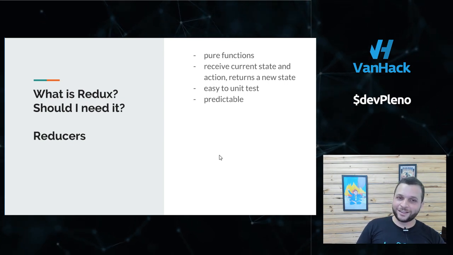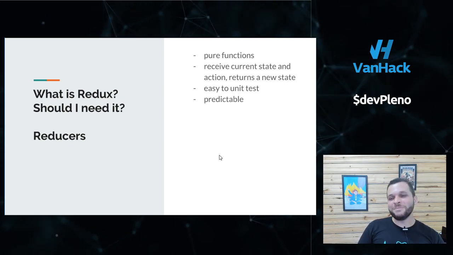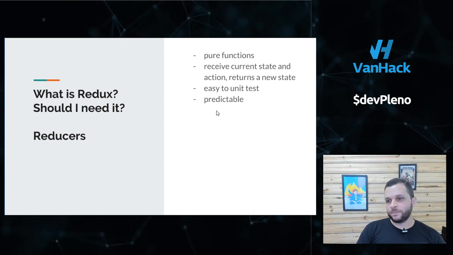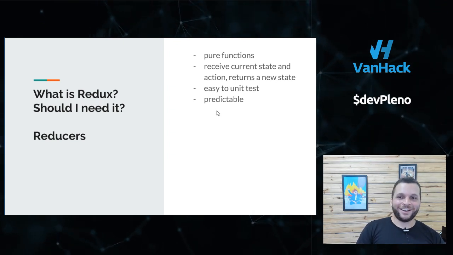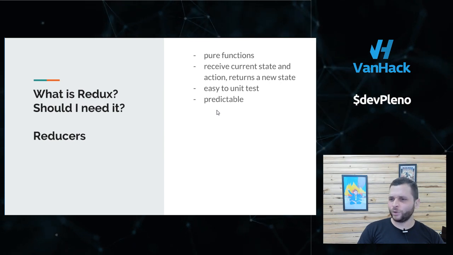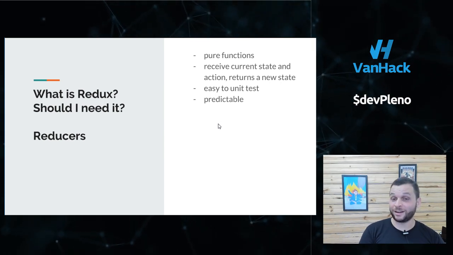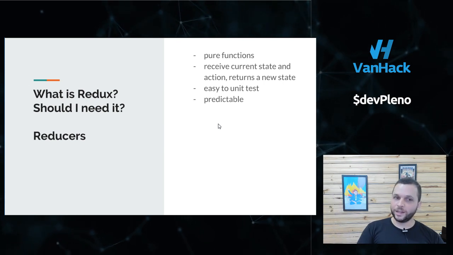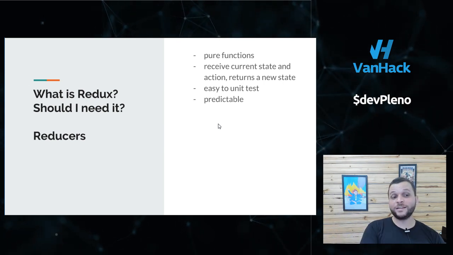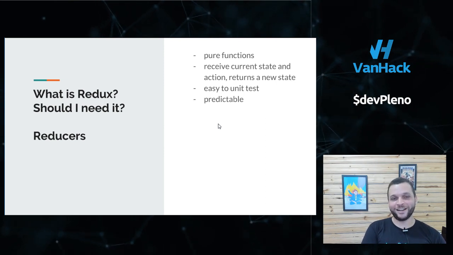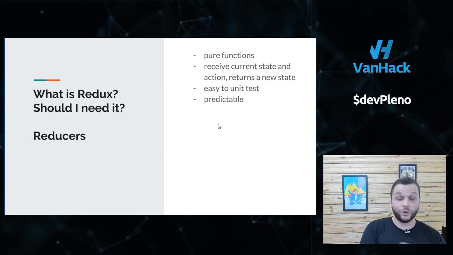And another thing that is pretty amazing here is that it's easy to unit test. I said this 3 times already: functional stateless components are easy to test, Redux is easy to test, and reducers inside Redux are easy to unit test.